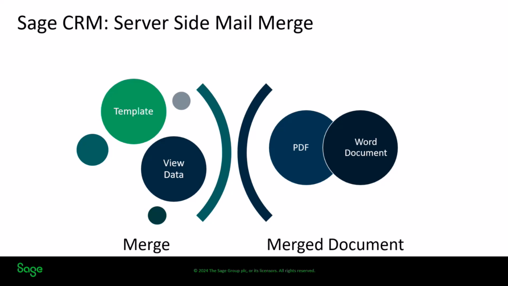We're going to look at how we can create HTML templates directly in Sage CRM, and we'll also see how we can create a converted document, one that has started off in Word, and how that can then be ported across into HTML.